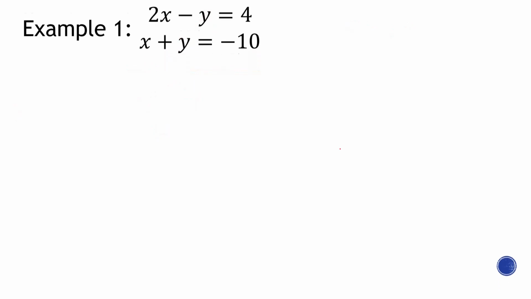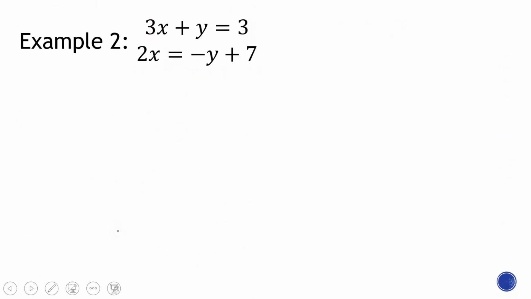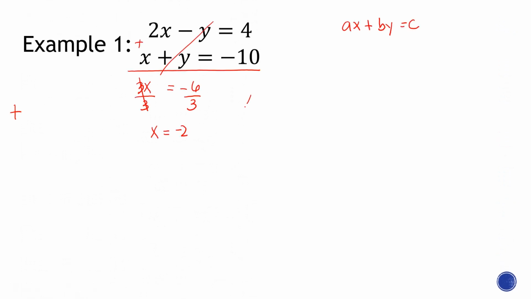Let's choose the second one, x plus y equals negative 10, and then we will replace x by negative 2. Okay, and then solve for y. Of course, we will add 2 on both sides. This will be y equals negative 8. So the x is negative 2 and the y is negative 8.